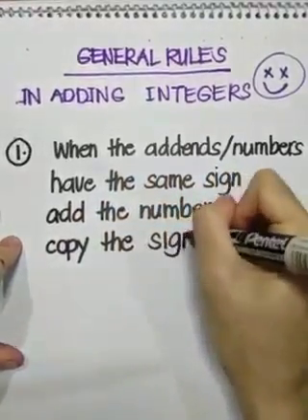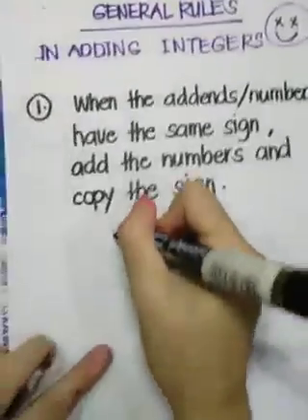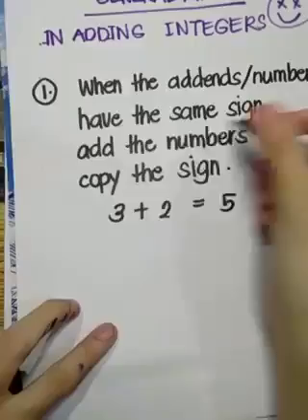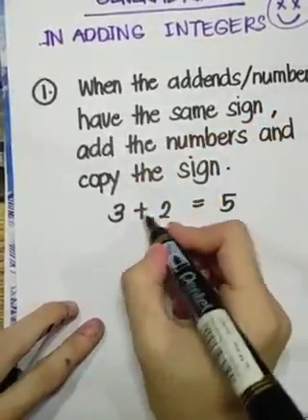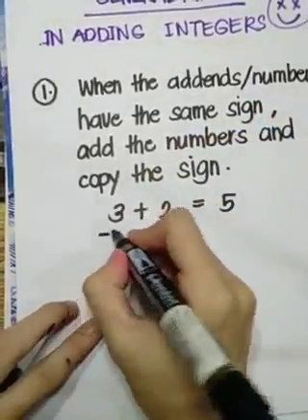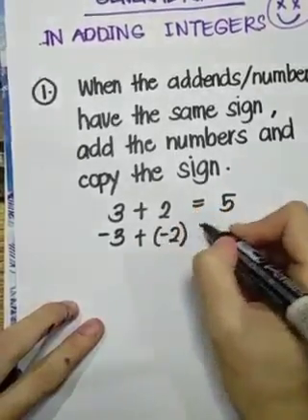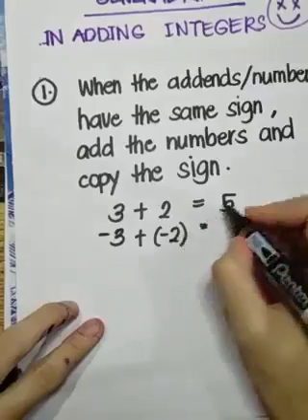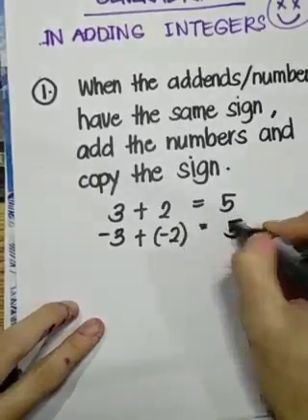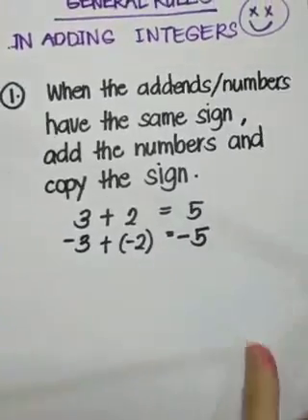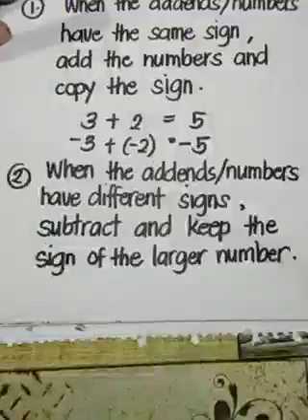So 3 plus 2 equals 5. Both are positive, so our sign is positive. For negative 3 plus negative 2, we add because they have the same sign. You add the absolute values and then copy the sign. So that's the first rule.